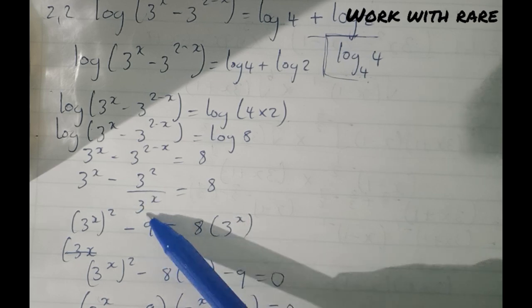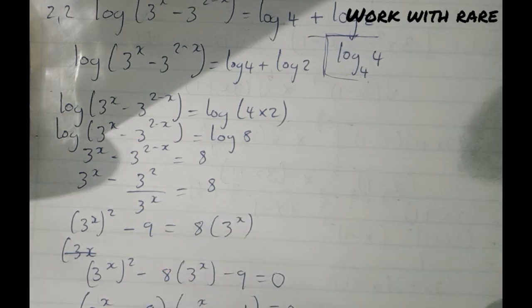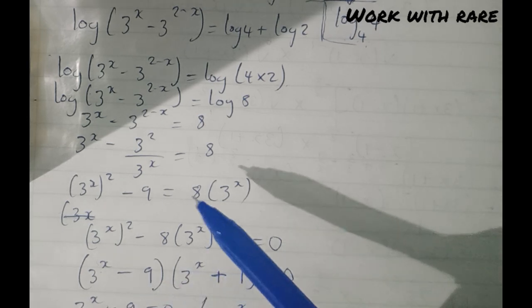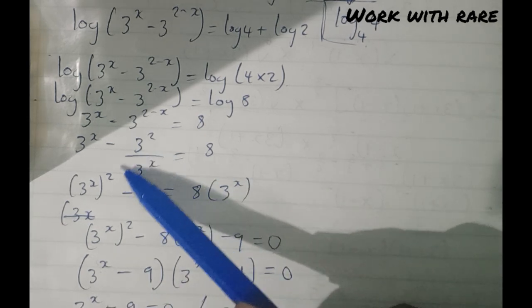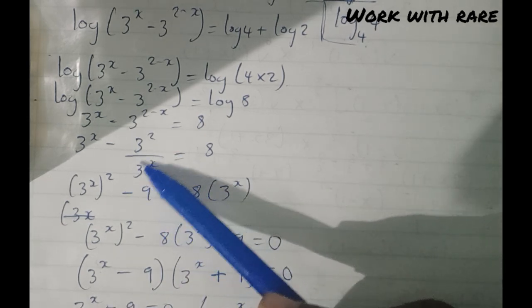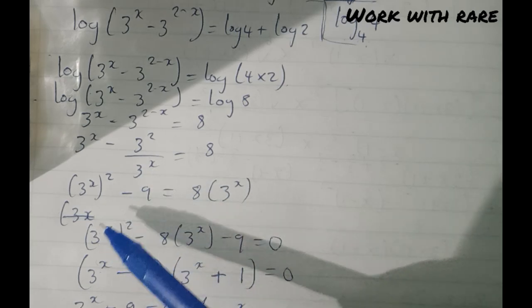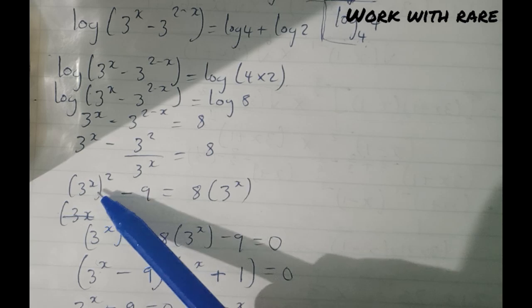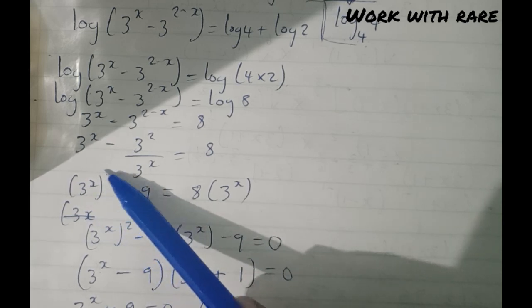So I wrote it like this, and after that I have to multiply everything by 3 to the power x to remove this denominator.